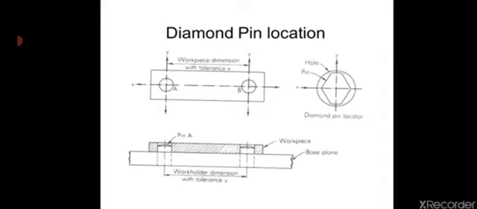Hence, to obtain accurate location of the workpiece, relief is provided on the two sides of the pin. The main purpose of the relief is to allow variation in the XX and YY plane. After providing the relief, the pin looks like a diamond shape, hence it is called a diamond locator.